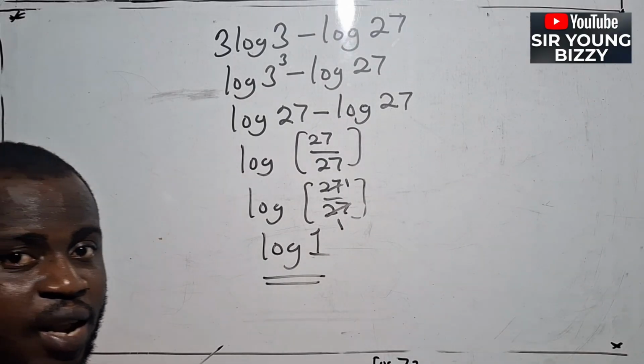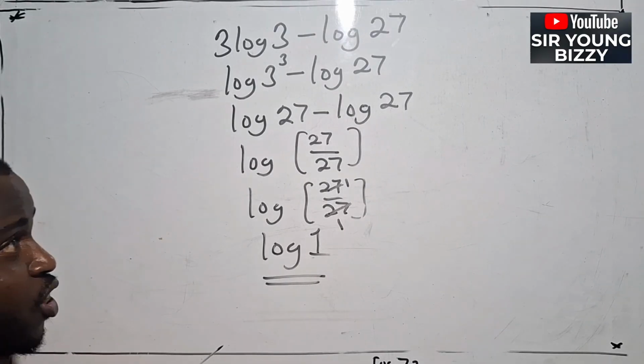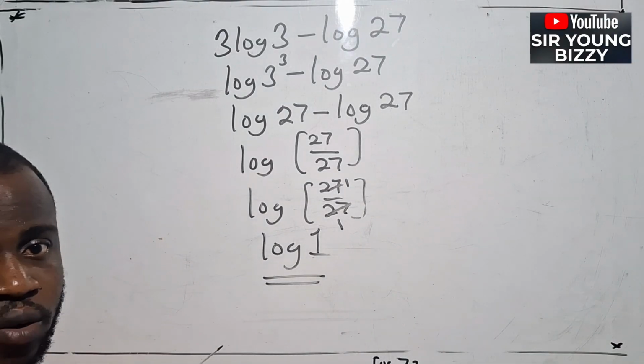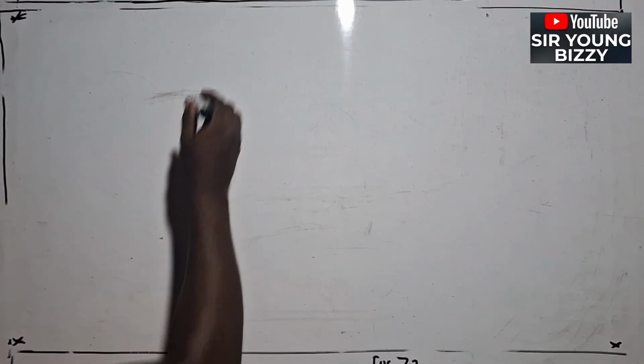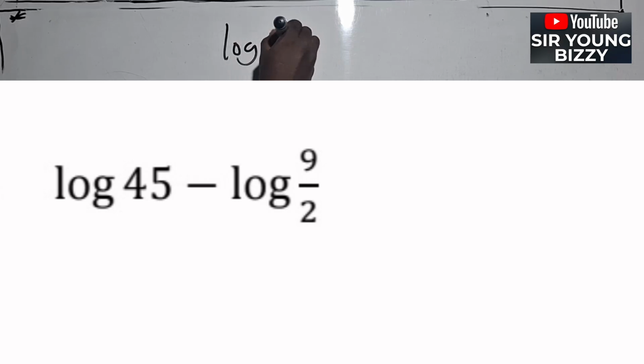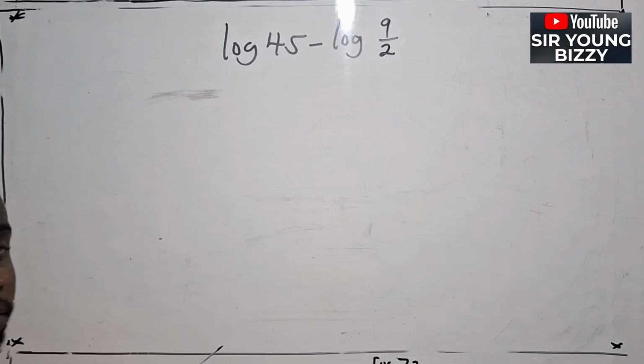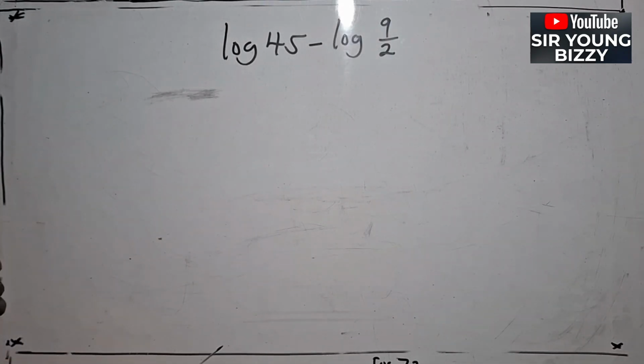We are going to take the last question on this aspect in applying the laws of logarithm to solve questions. So the last question, we have log 45 minus the log of 9 on 2. Don't be scared about this question. We are going to express it as a single logarithm.